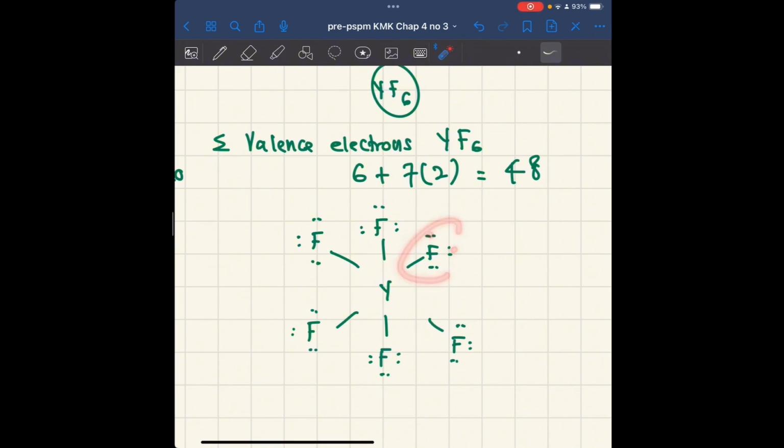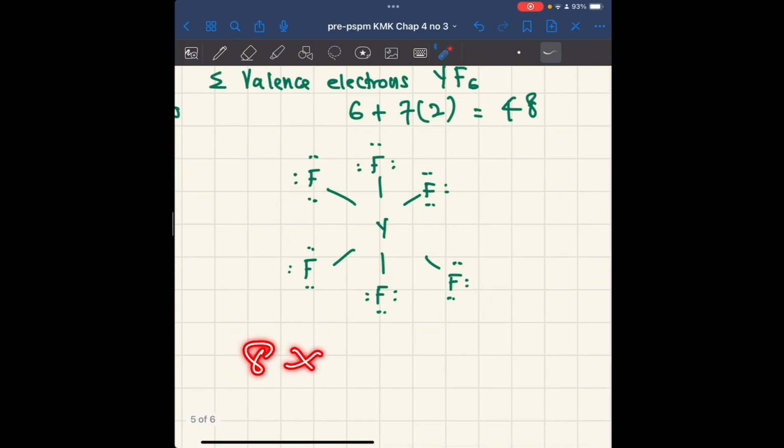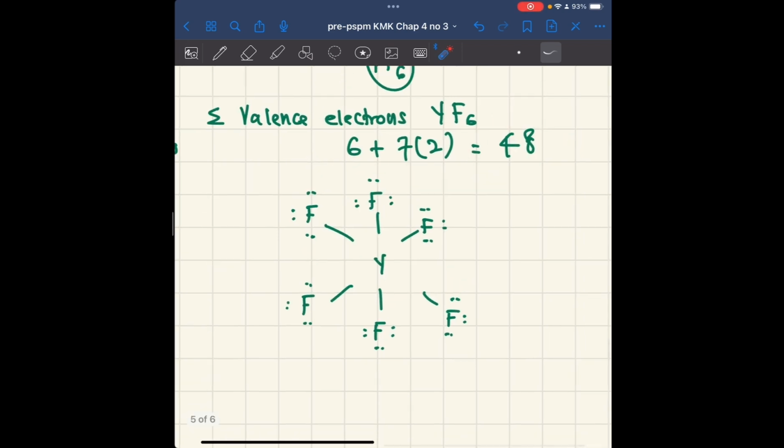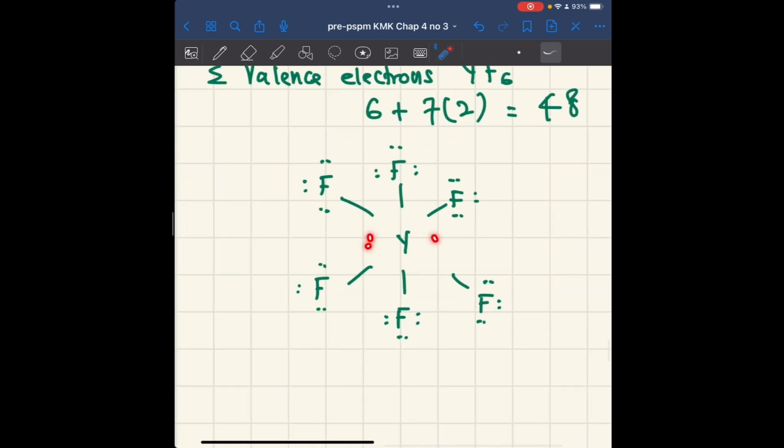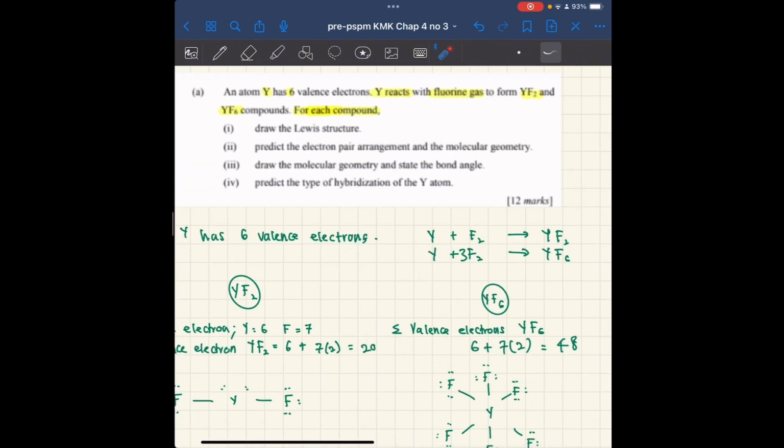So 2, 4, 6, 8. So 8 times 1, 2, 3, 4, 5, 6. So 8 times 6, we got 48. So that is already the total valence electron. So the central atom does not have any lone pair. So done. Draw the Lewis structure.